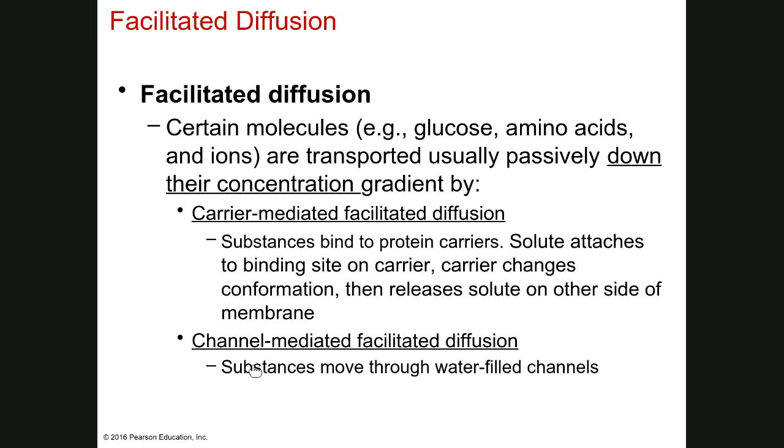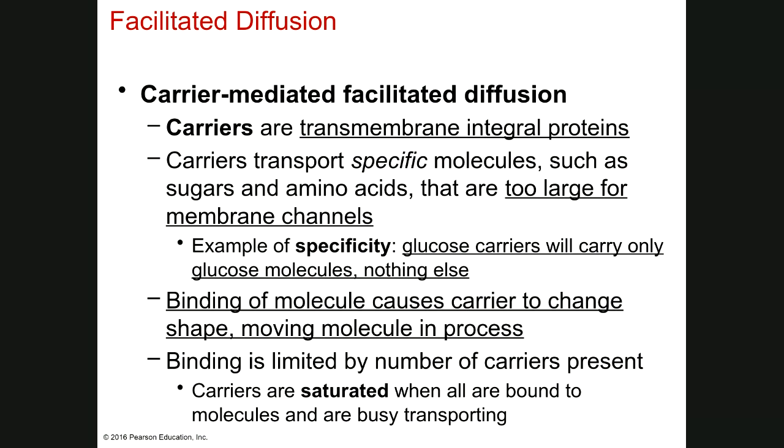Now, I mentioned before that channels can be gated or ungated. Channels can have a gate, or they can be open all the time, like potassium leak channels, for example.